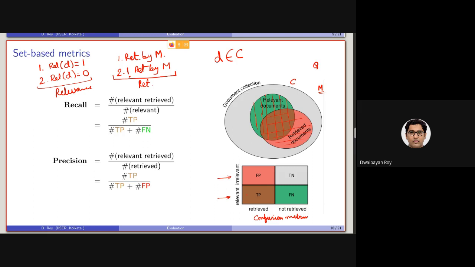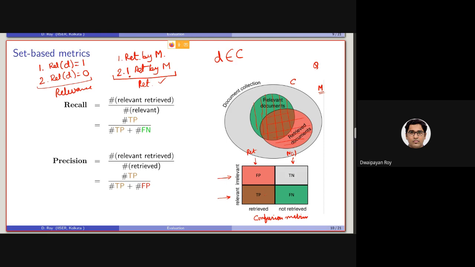In this confusion matrix, the individual columns are stating whether it is retrieved or not retrieved, as I have written here. And by the row, I'm specifying whether it is relevant or non-relevant.